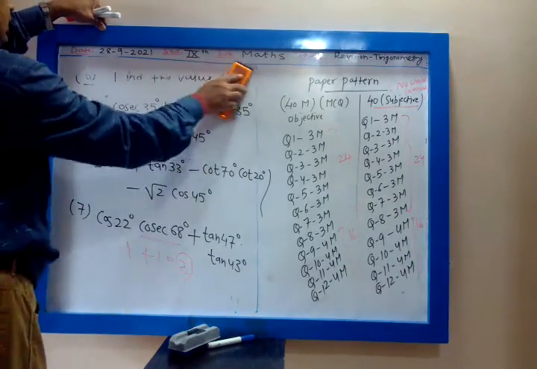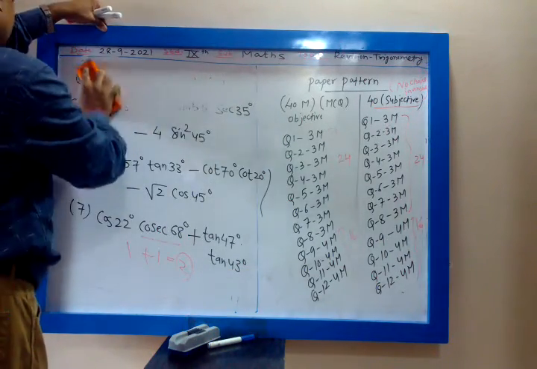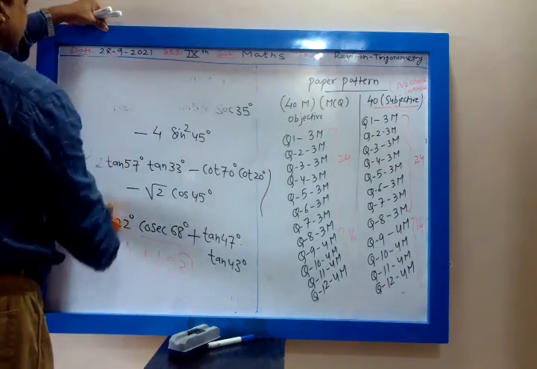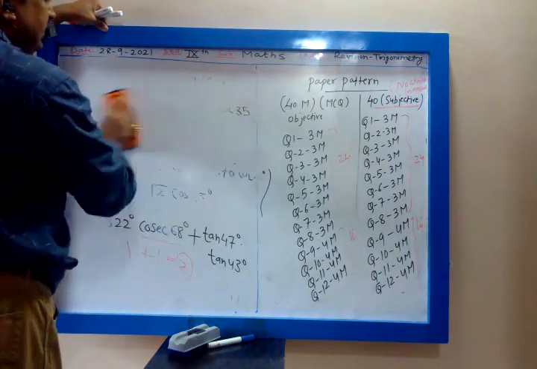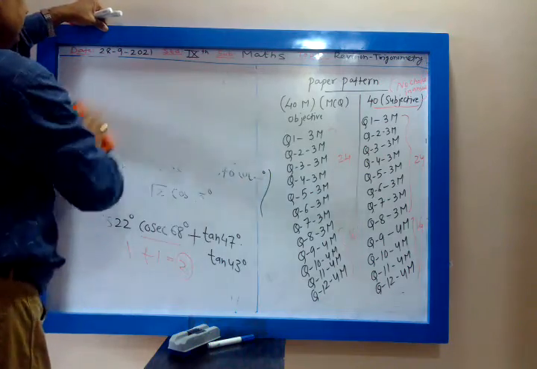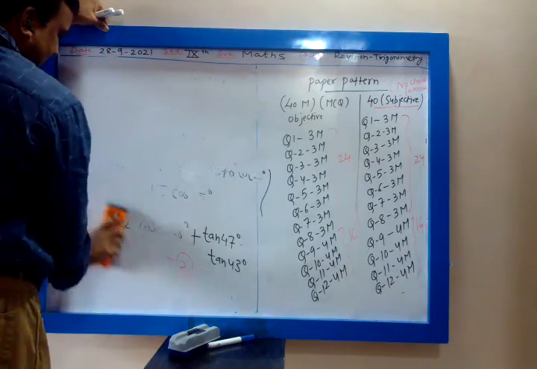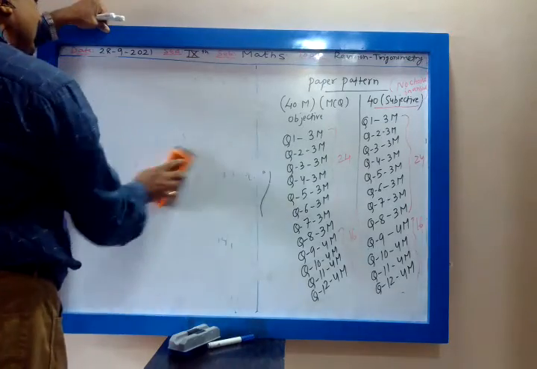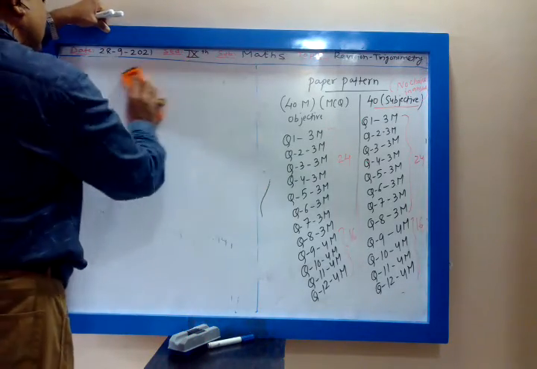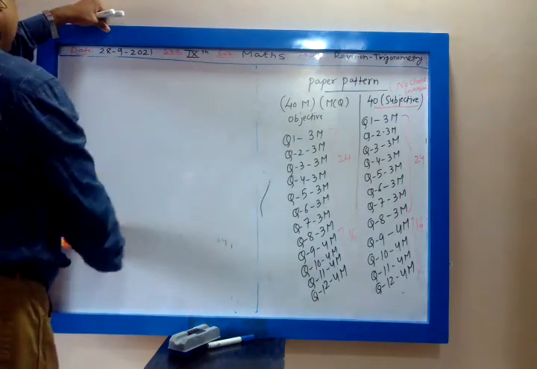The duration you will come to know whenever you get the paper pattern. Duration is mentioned there. You will get sufficient time for uploading and for writing. Do not worry. All the care we have taken.